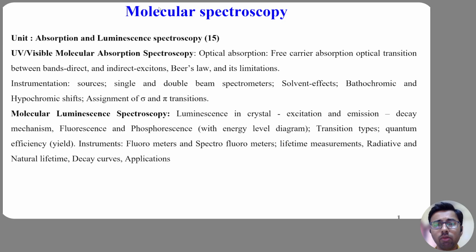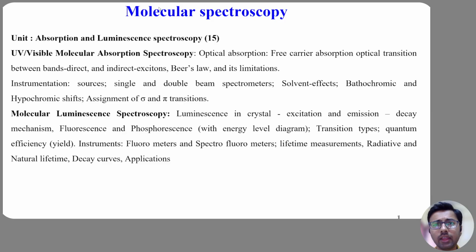Now we move to the second major part, that is luminescence spectroscopy. Unlike absorption, luminescence involves emission of light after excitation. There are three stages in between, that is excitation, relaxation and emission.